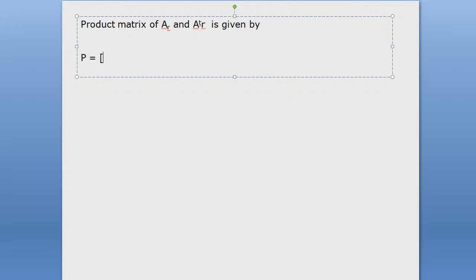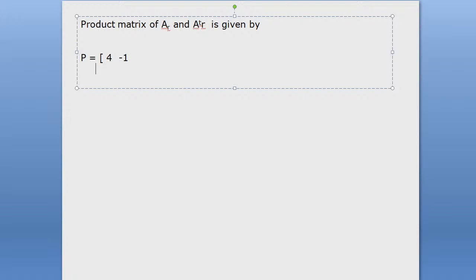Ultimately you will get, I am writing the final value, 4 minus 1, then minus 1 3. You just check it yourself. The order of the product matrix is 2 by 2, and the values of its elements are 4, minus 1, minus 1, 3.